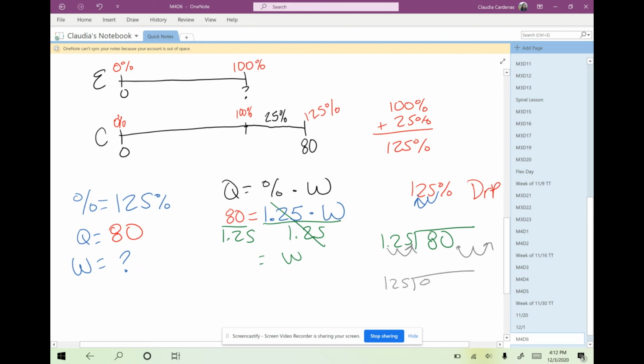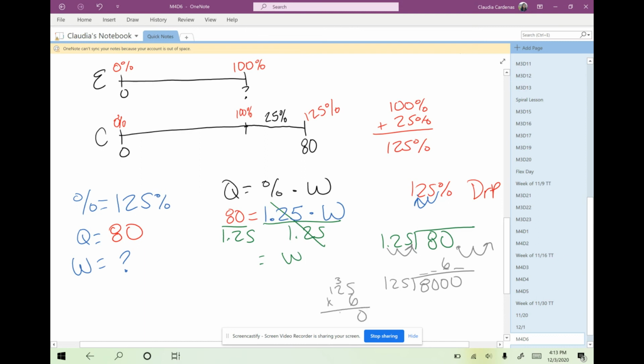So 125 into 8,000, and so we're going to draw our seats, and then we are going to start dividing. So I know 125 goes into 800 6 times.